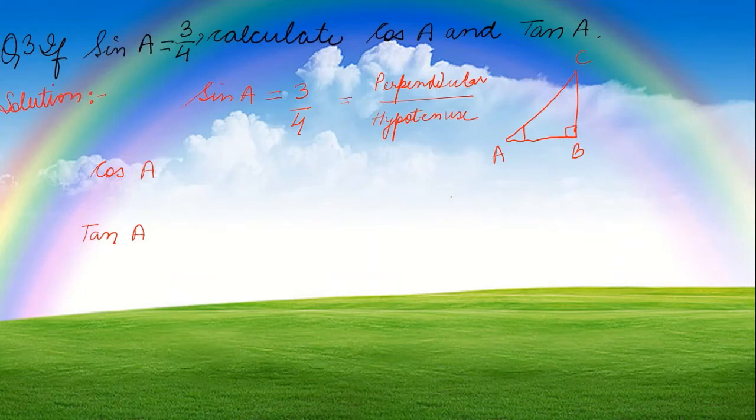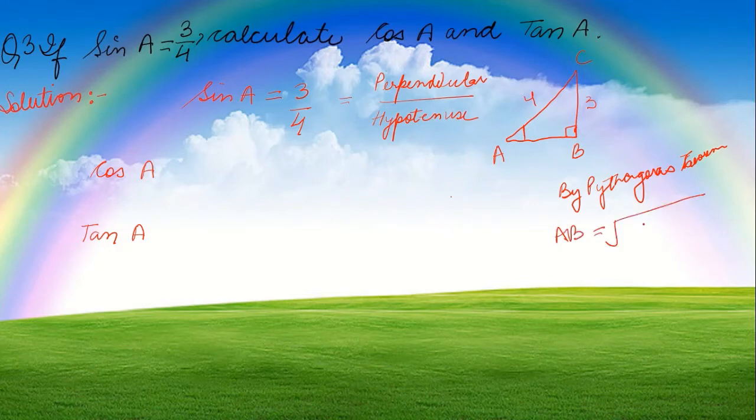That means 3 will be this one and hypotenuse is 4. Now by Pythagoras theorem, AB equals under root 4 square minus 3 square. So it will be 16 minus 9. So it is root 7.